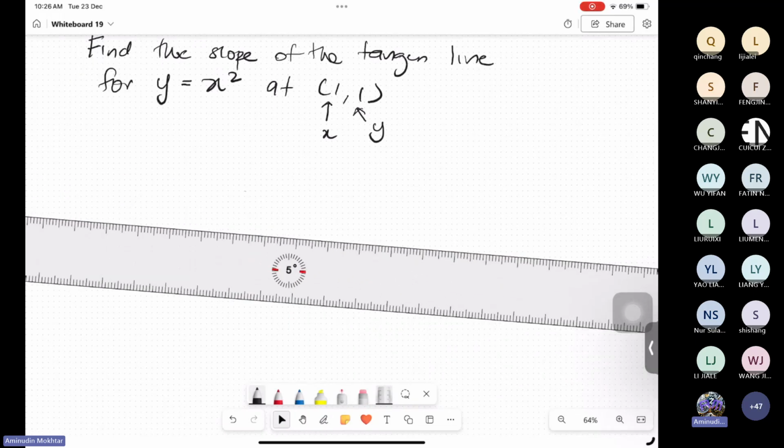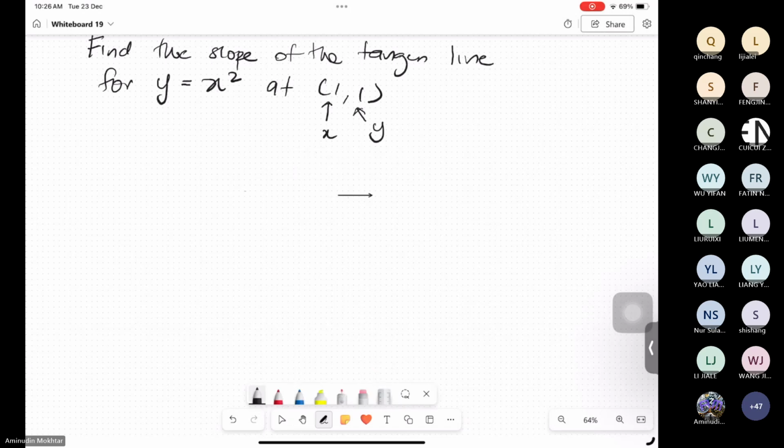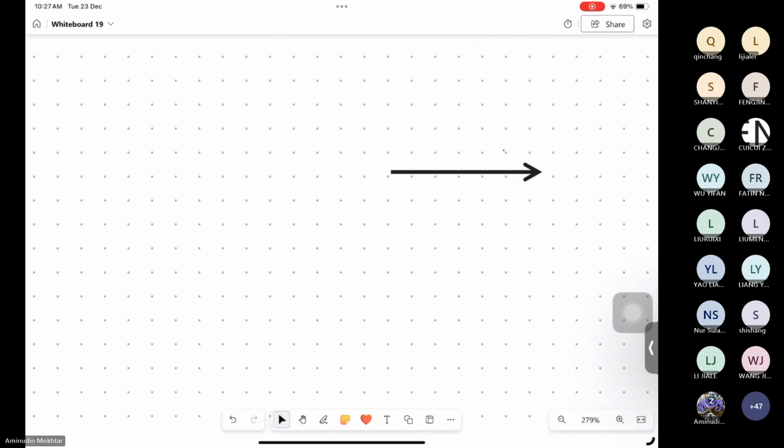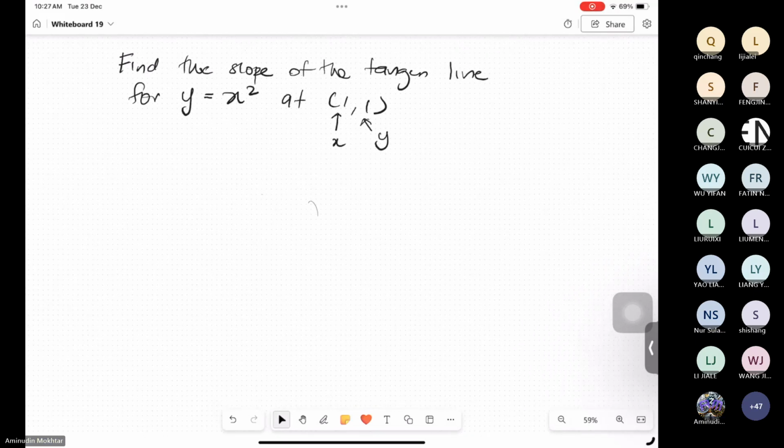Let's see how to draw this graph. Let's say what is the tangent line at 1 and 1.